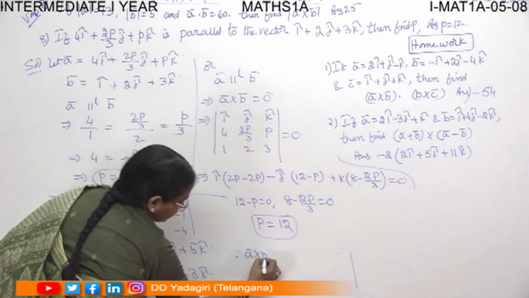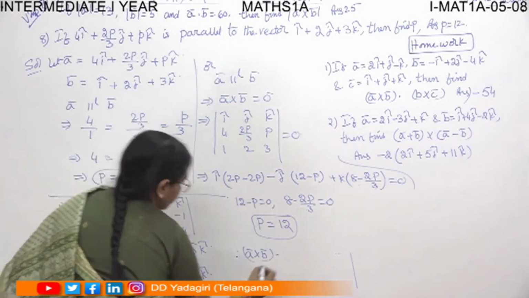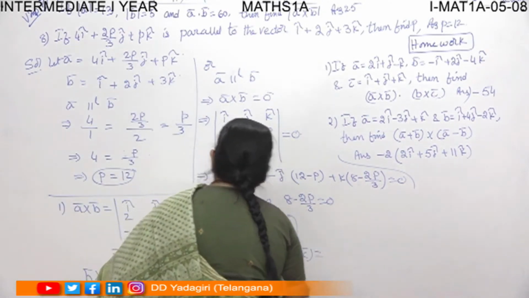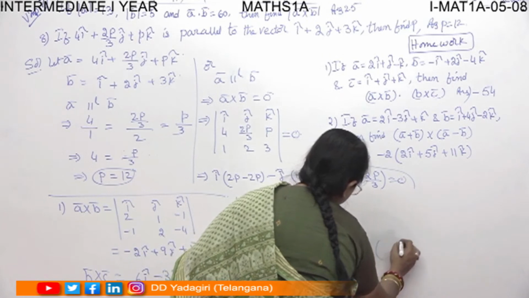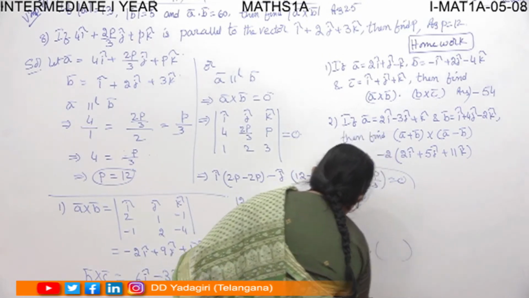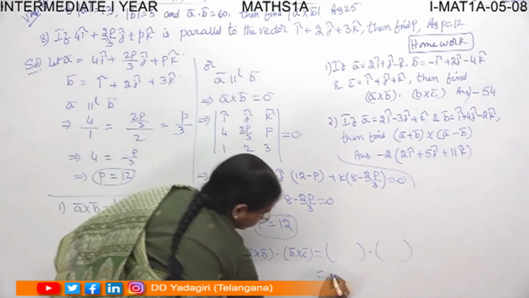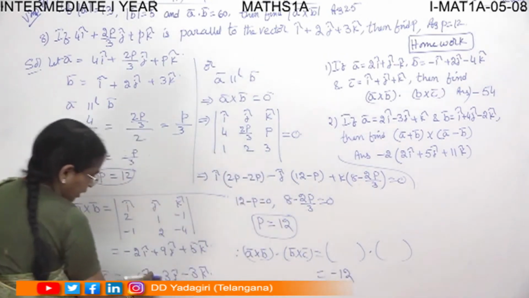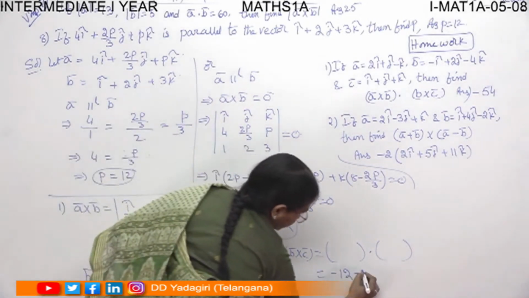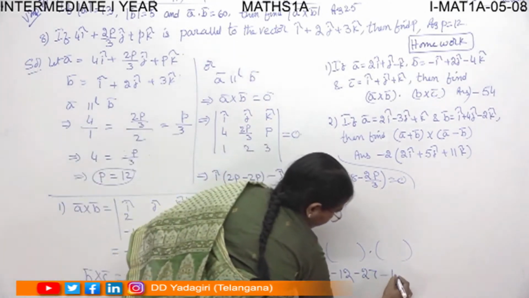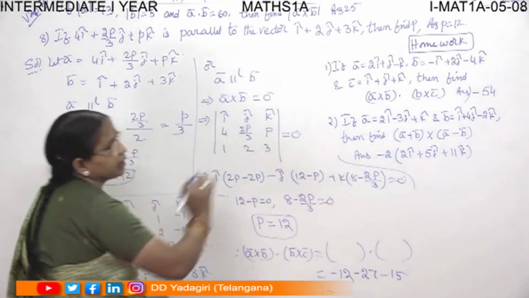So therefore, A cross B dot B cross C is equal to, write both the vectors, take the dot product and then write. So it will be equal to minus 12, minus 27, and then this is minus 15. Simplify, that will be the answer.